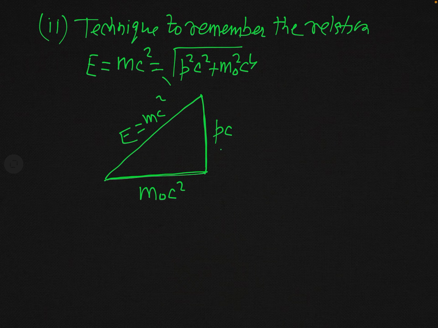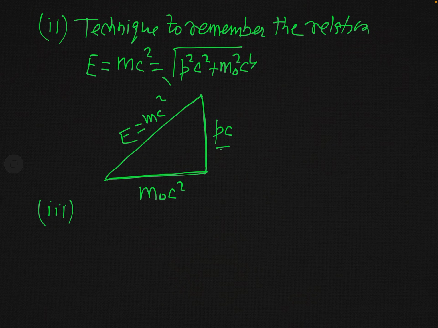So if we denote one side of a right angle triangle by m naught c square, and the perpendicular of that triangle we denote by PC, then the hypotenuse of that right angle triangle will represent the total energy. So this is a very simple technique to remember this formula.